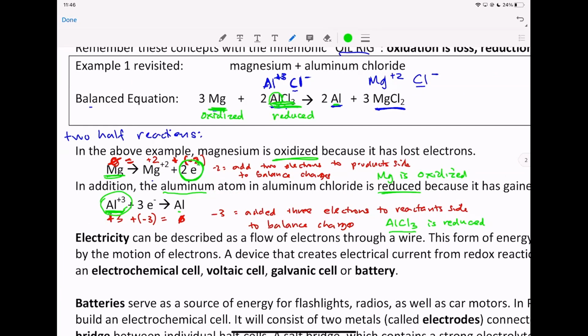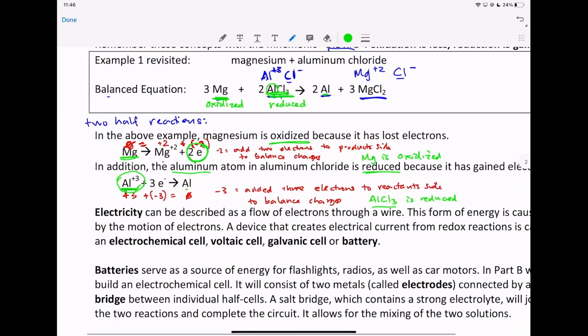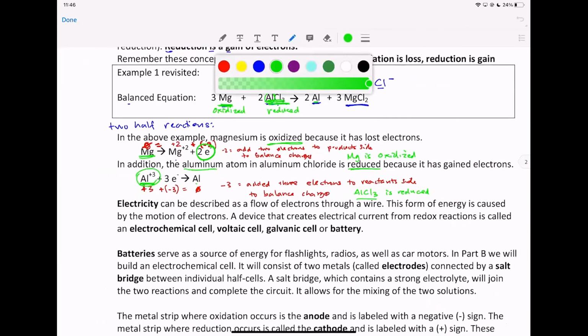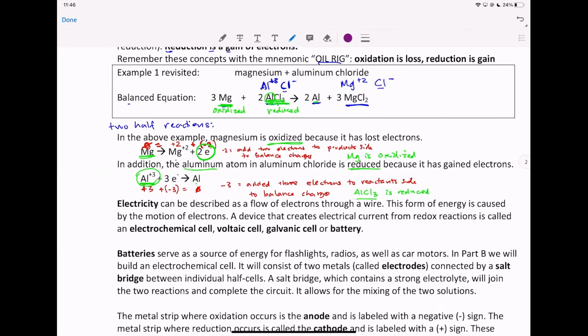What happens in a redox reaction is a transfer of electrons. The substance that loses electrons, this magnesium, loses 2 electrons, and it loses 2 electrons times as much magnesium as there is. So 2, then another 2, then another 2.